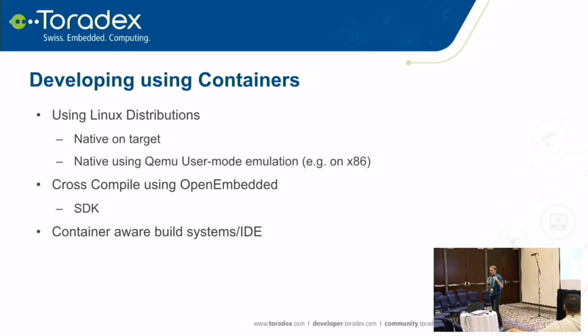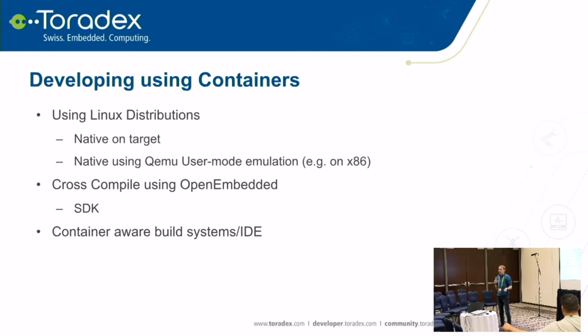If you use a distribution inside the container, you could install the build utilities in the container and do everything inside the container, natively. Or there's a technique to run ARM containers on x86 via emulation.